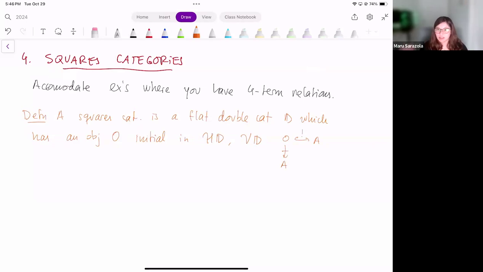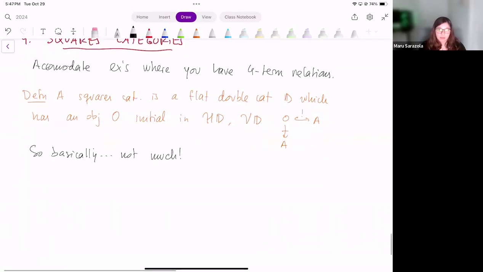So it's basically nothing. It's basically a flat double category. That's a squares category. It's like the complete opposite to the other thing that was super, super structured. So basically, I don't have much, there's not that much to work with.